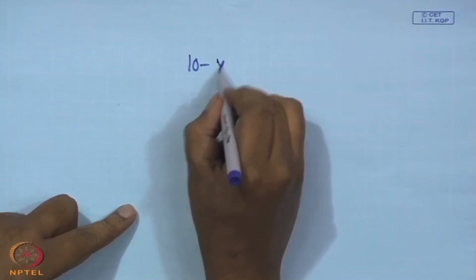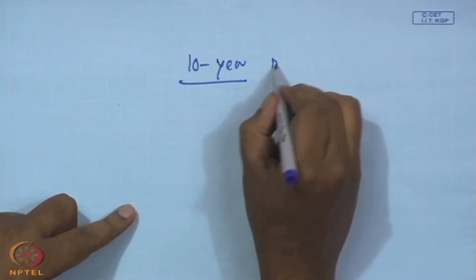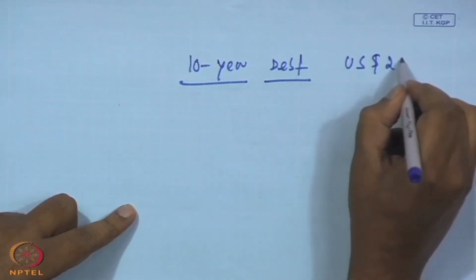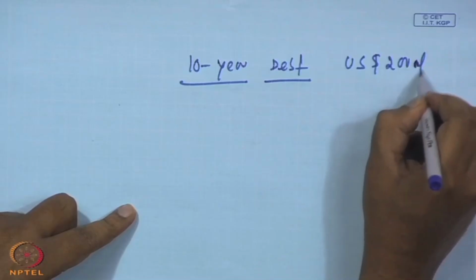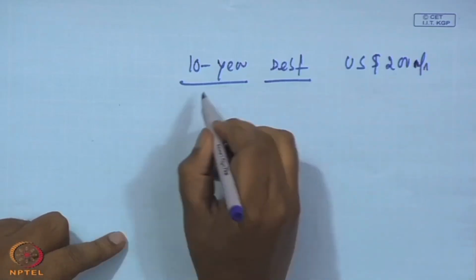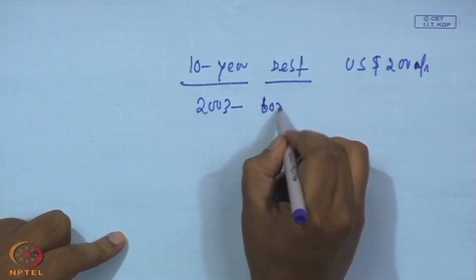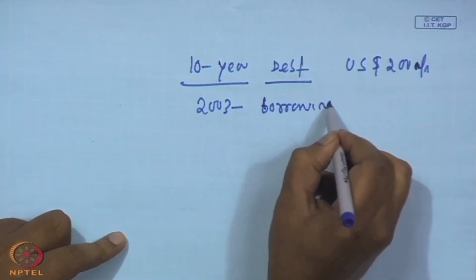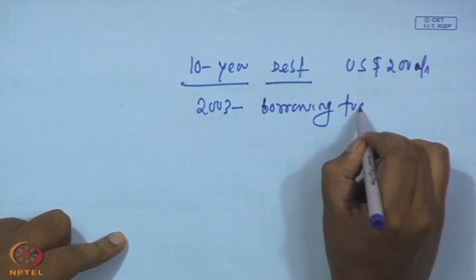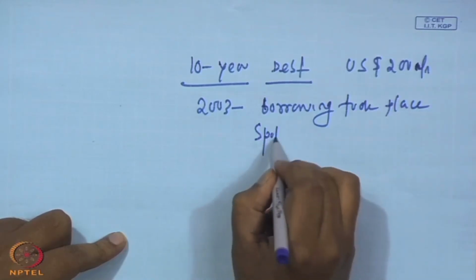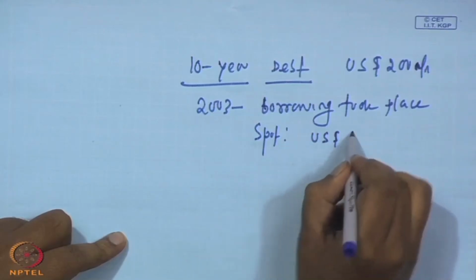So, here long term exposures are there. The long term exposure is a 10 year debt borrowing, or commercial borrowing, involving US dollar 200 million. In 2003, when the actual borrowing took place, the spot rate was 52.5050 per US dollar.